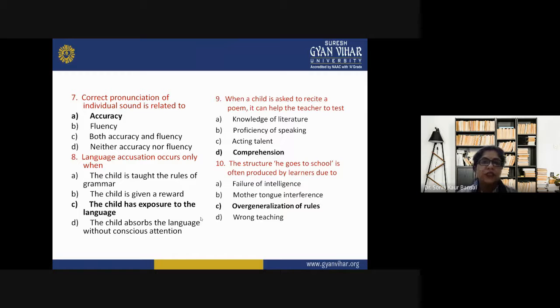Students, just to revise in a nutshell, the direct method of teaching is used to teach foreign languages. Here we are talking about the English language. It restrains the learners from using the native language, and he or she is motivated to learn the target language only.